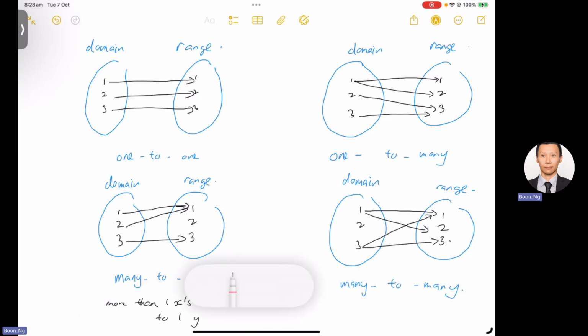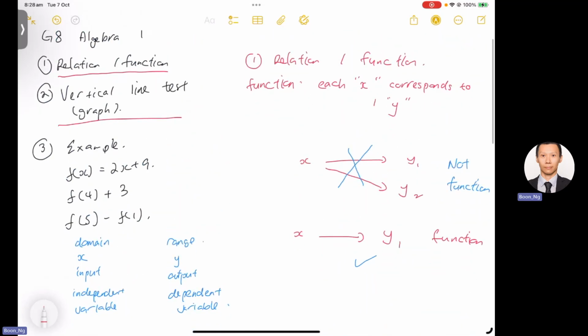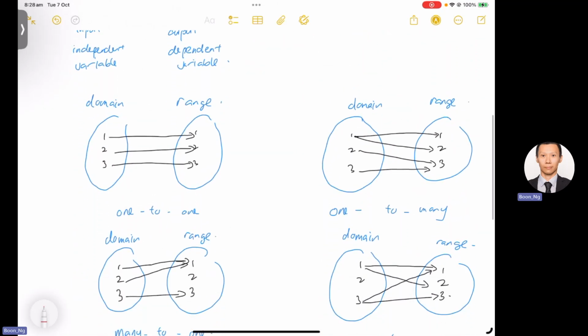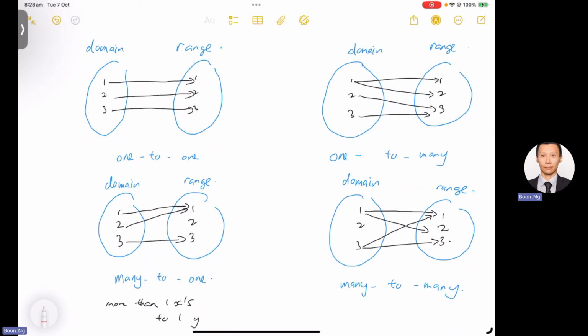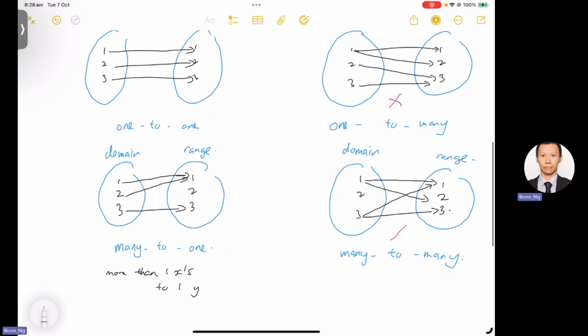So using this definition, if x corresponds to more than one y, it is not a function. So if one x corresponds to more than one y, this is not a function. And this is a function.